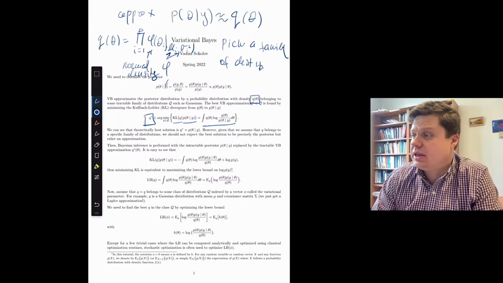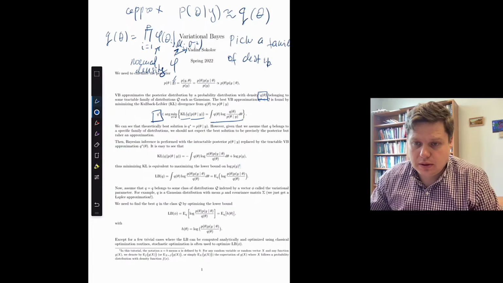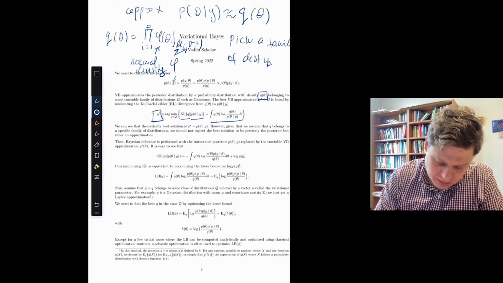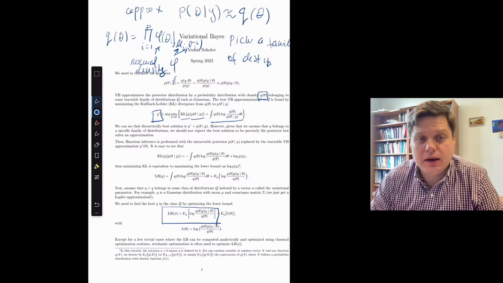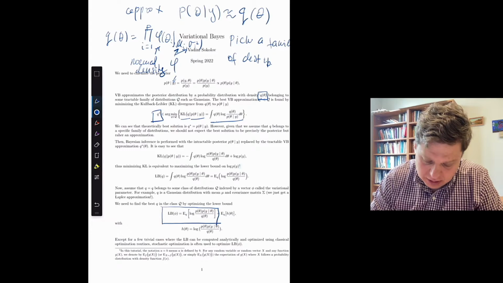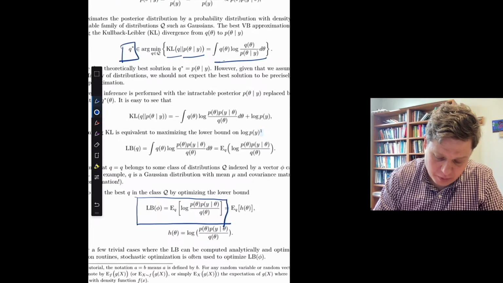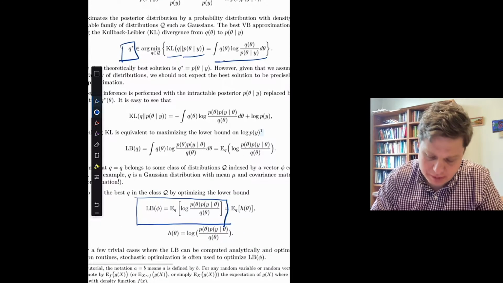There are a couple of things that we need to keep in mind. We're actually going to skip the algebraic derivations, but we can show that minimizing the KL divergence between Q and the posterior is equivalent to maximizing what is called a lower bound.